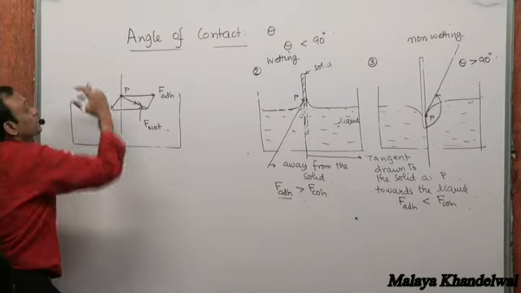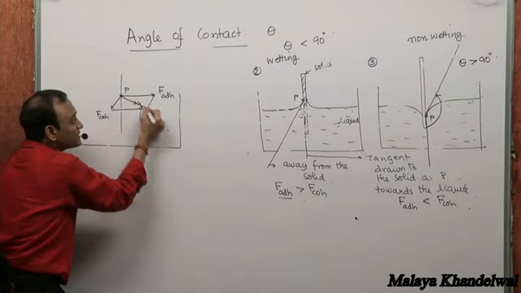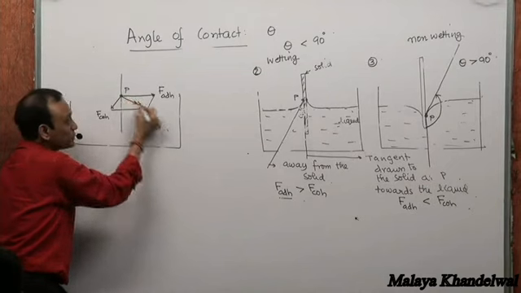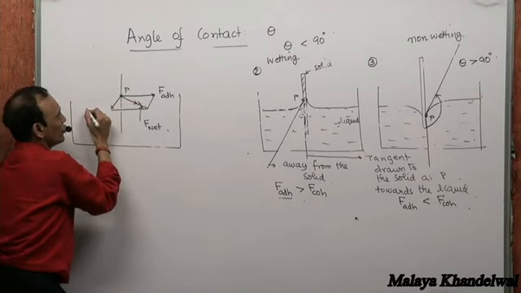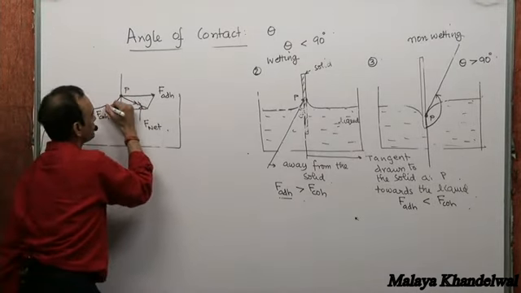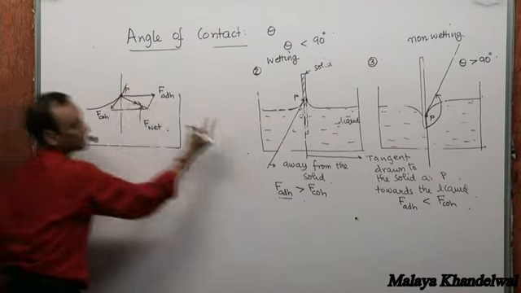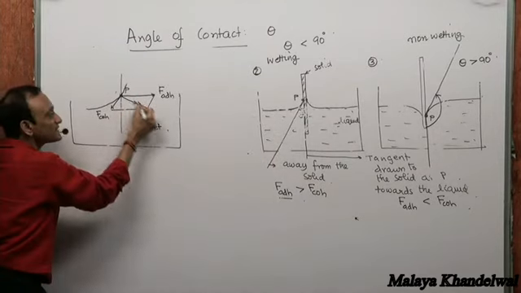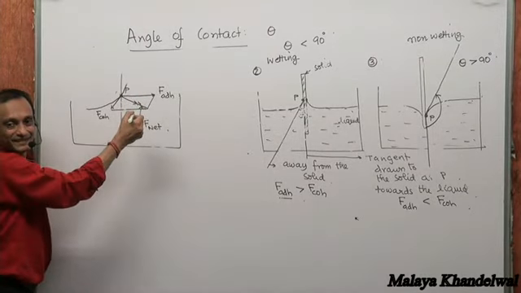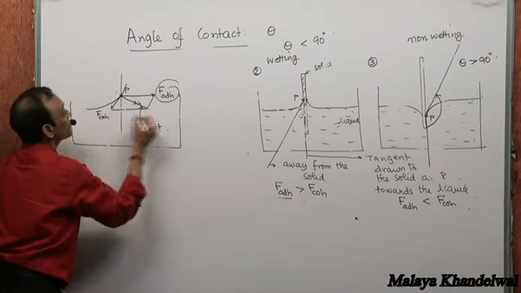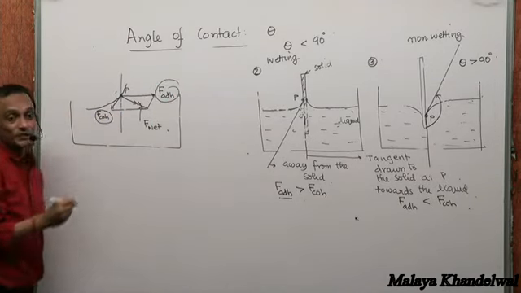So the liquid surface must assume a shape such that this is along the normal to the surface. So would you not imagine that if this was the shape of this curve, then this is likely to be the normal? So this happens when forces of adhesion are more than forces of cohesion.